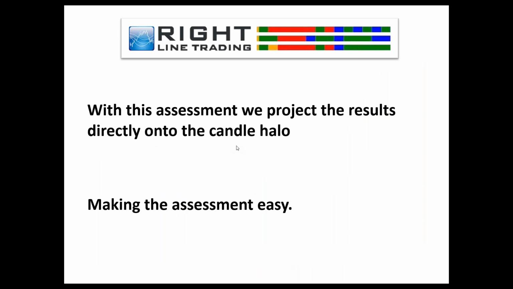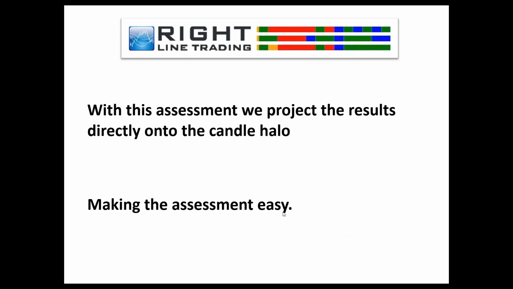Now, what we want to do is we want you to focus directly on price. We don't want you looking at other lines and other things going on. So we try to simplify the chart as much as possible. So what we do is we project the results of order flow directly onto the candle halo. Now, I have chosen the halo to be blue when order flow is positive, and magenta when order flow is negative.